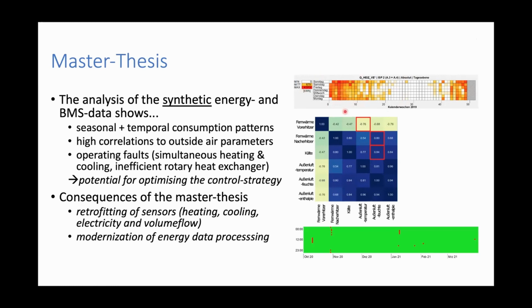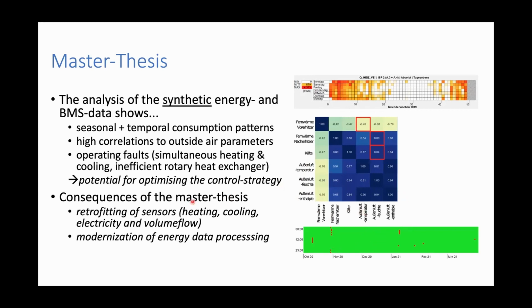I did a correlation analysis for the heating and cooling consumption of this ventilation system. And I also tried to find some operation faults, like simultaneous heating and cooling, which leads to energy consumption that is not necessary.